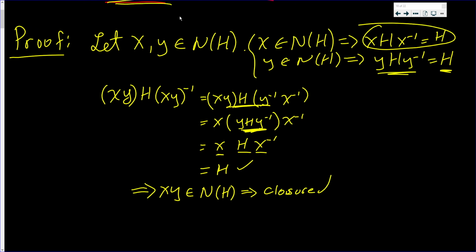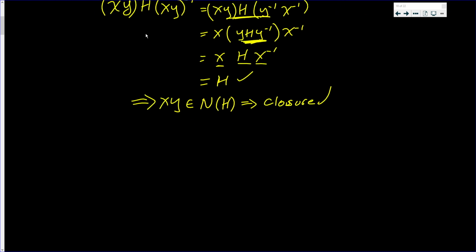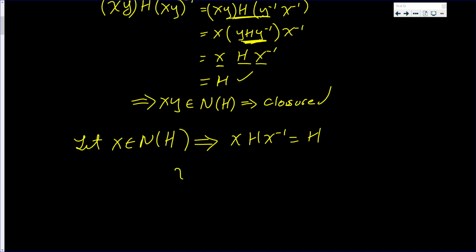Now I have to show inverses are in there. Okay, so let X be in N of H. By definition, that implies X times H times X inverse is equal to H. Now, on both sides, I'm going to multiply: on the left side by X inverse, and on the right side by X. Okay, now we'll group it.